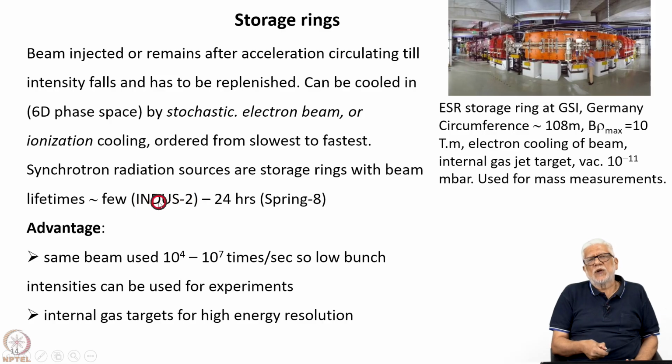I think that has now increased to about 12 hours or even more. And the advantage of this storage ring is, of course, that you can use the same beam many times to produce secondary beams of interest or making collisions and so on. And you can have rather low beam bunch intensities. You can still carry out experiments. You can have internal gas targets for very high energy resolution and so on once you have these cooled beams circulating in them.